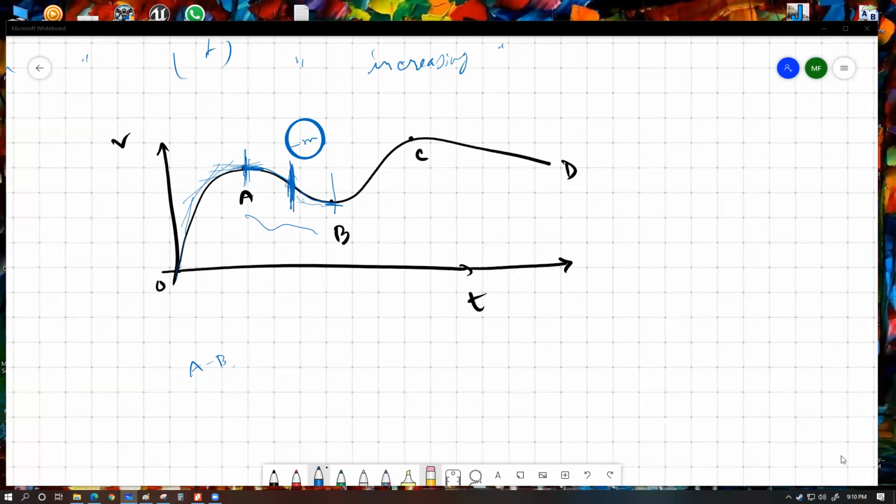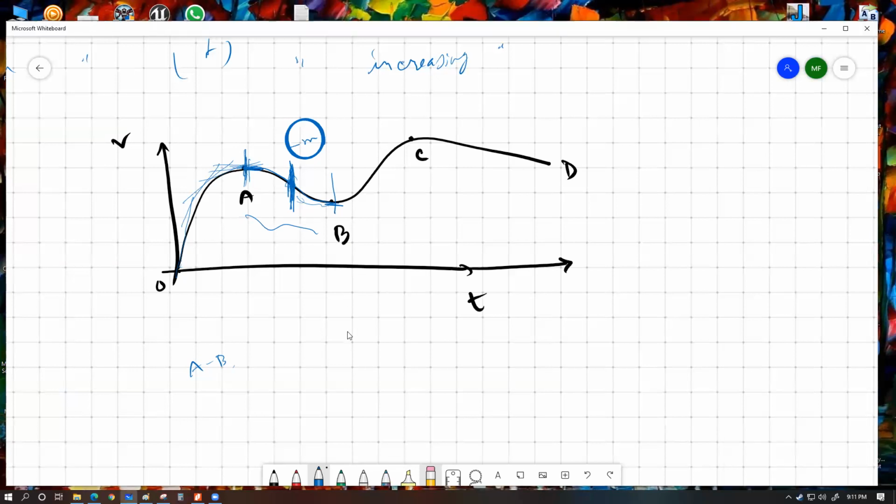Sure. At that point, does the graph start to get more slanted when it happens, decreasing deceleration? Exactly. For the segment where the graph becomes more slanted, that's where you are losing gradient, which means your acceleration is decreasing. But sir, it's still decreasing, right? Velocity is decreasing for the whole segment. For the entire segment of A to B, it is decelerating.